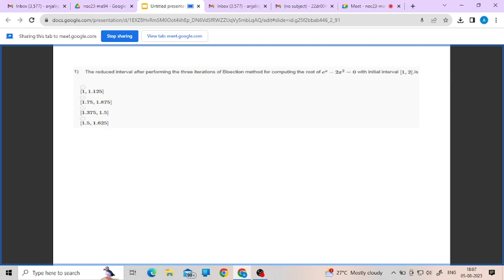Is it the same? I hope you are solving it. Perform 3 iterations of bisection method and see what interval you are getting in which the root will lie.